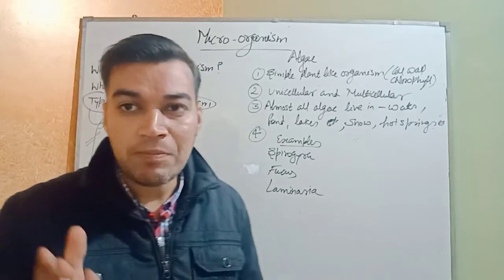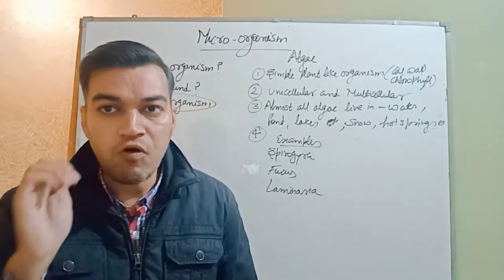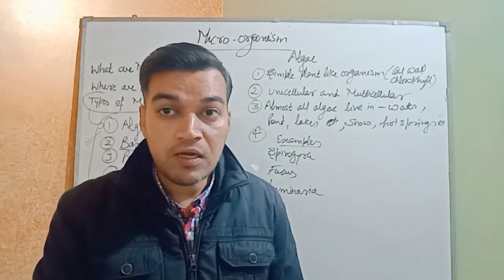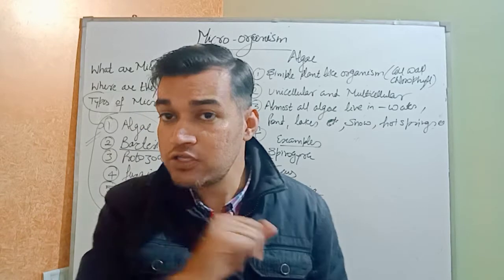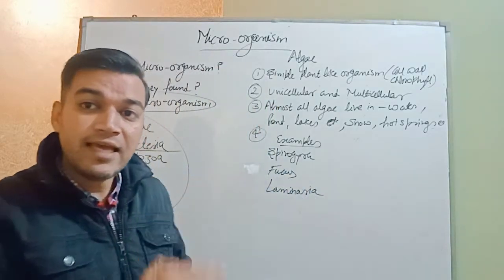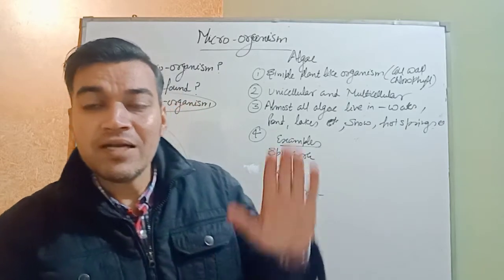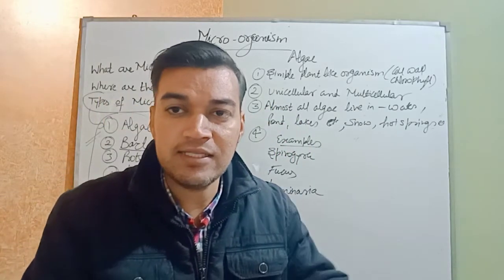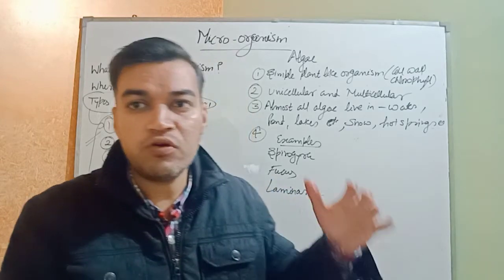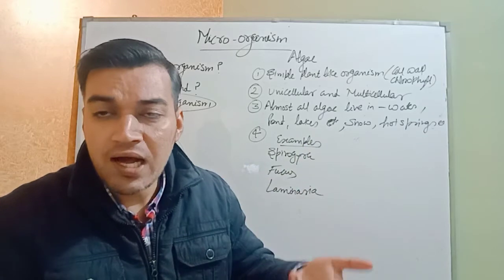What are plant-like features that you have done in the cell chapter? They have a cell wall, they have chlorophyll. What is the meaning of the presence of chlorophyll? Means they perform photosynthesis. Algae can perform photosynthesis just like a plant, but they are only plant-like, not exactly the same features as plants, because they do not have leaves, they do not have roots, they do not have flowers.